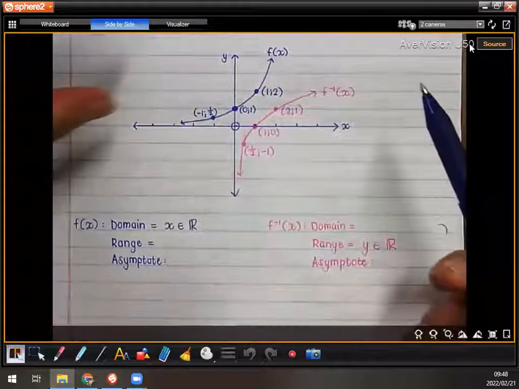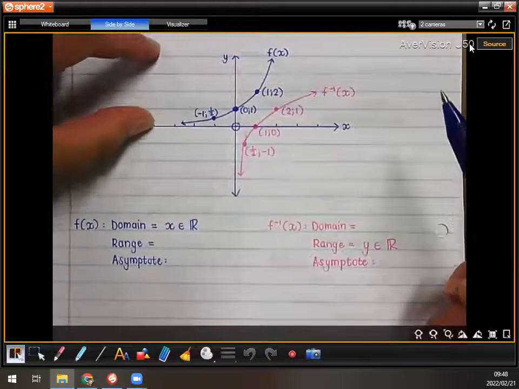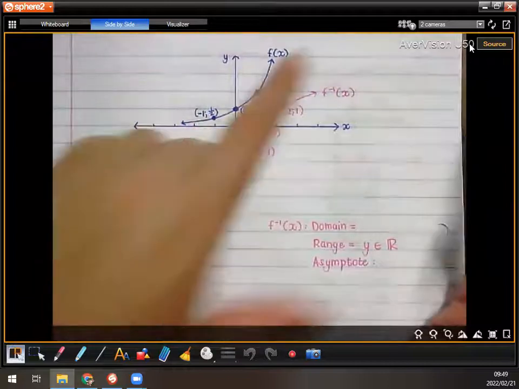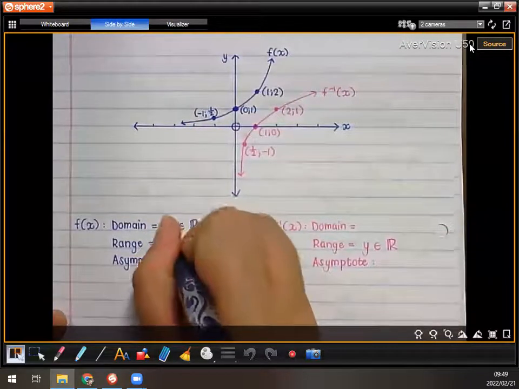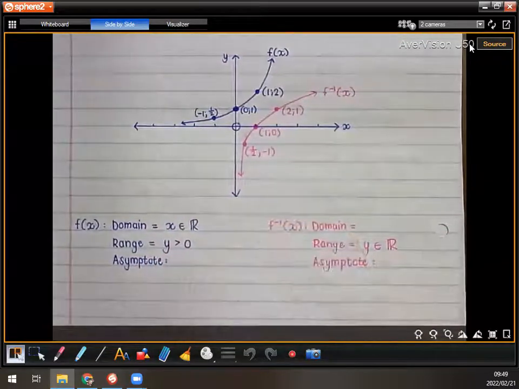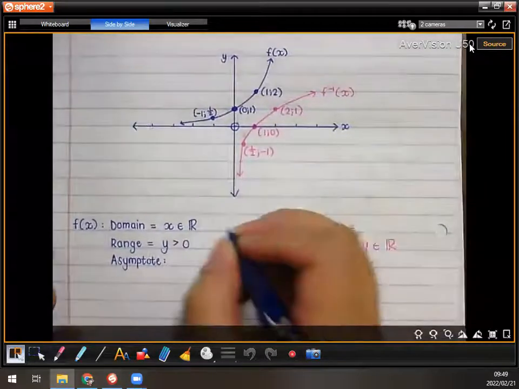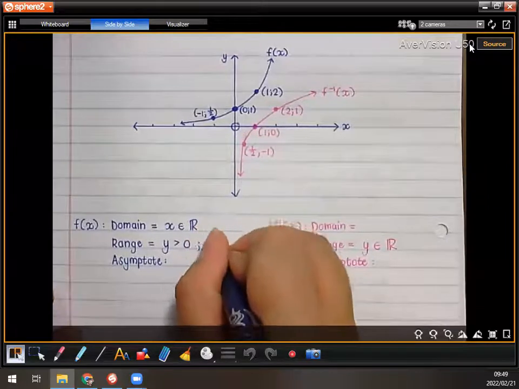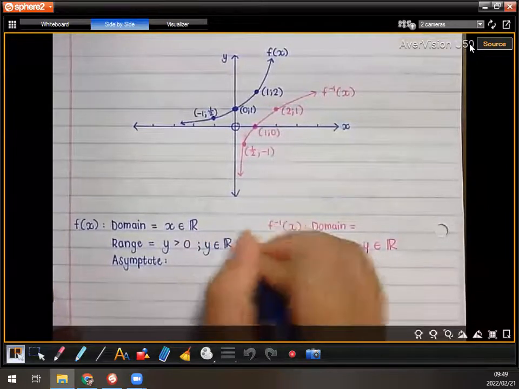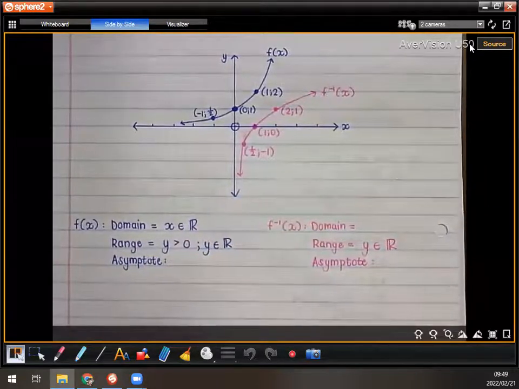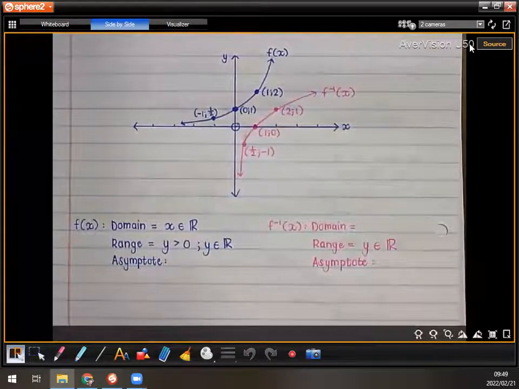No. So this graph is only y values that are above the asymptote, so y greater than 0. You can't say y greater than or equal to 0, because you can't touch that asymptote. Then it's just good practice to also add y element of real numbers. It's kind of up for debate, I don't think you'll lose a mark if you don't have that here, but let's try and remember to write that.